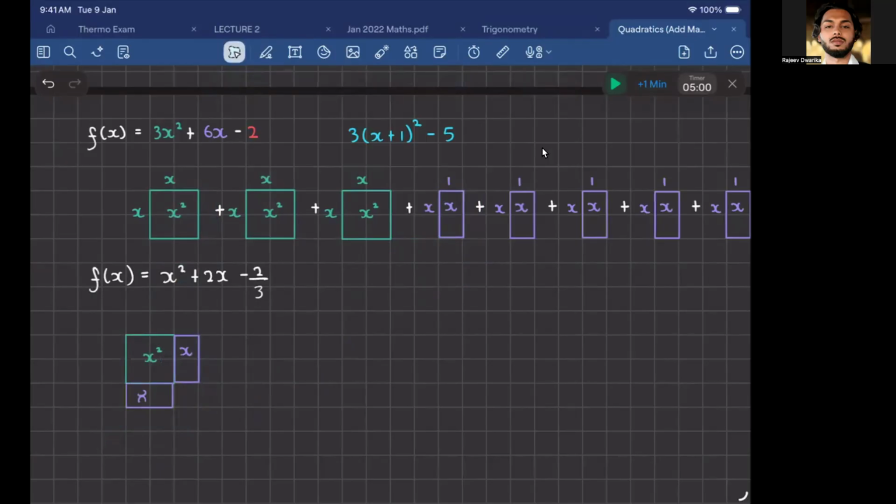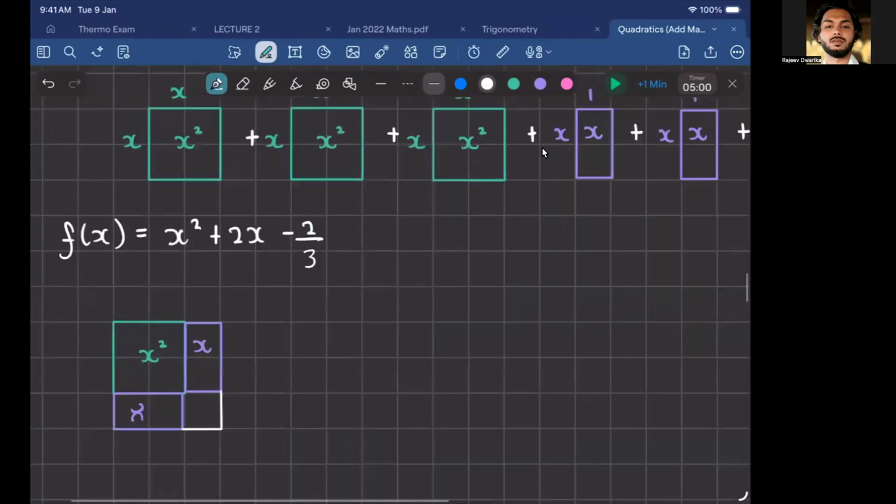Okay. But you probably realize that does not form a square. Actually, it does, but you're not just seeing x here. This will be x plus 1. See that? Yes, sir.